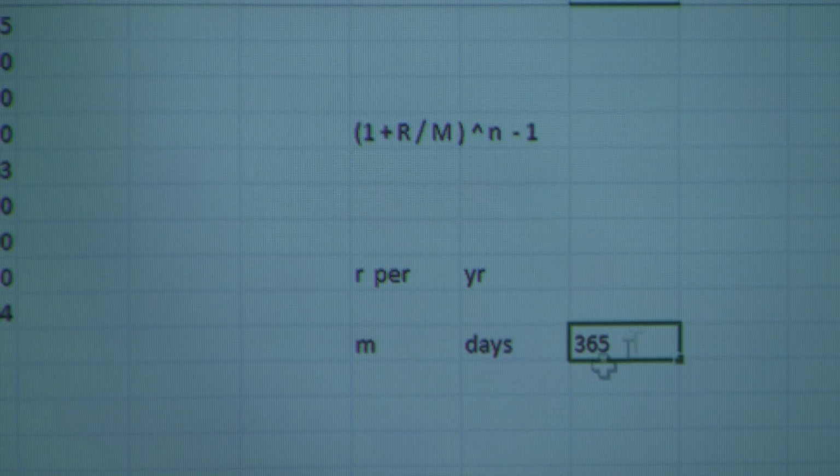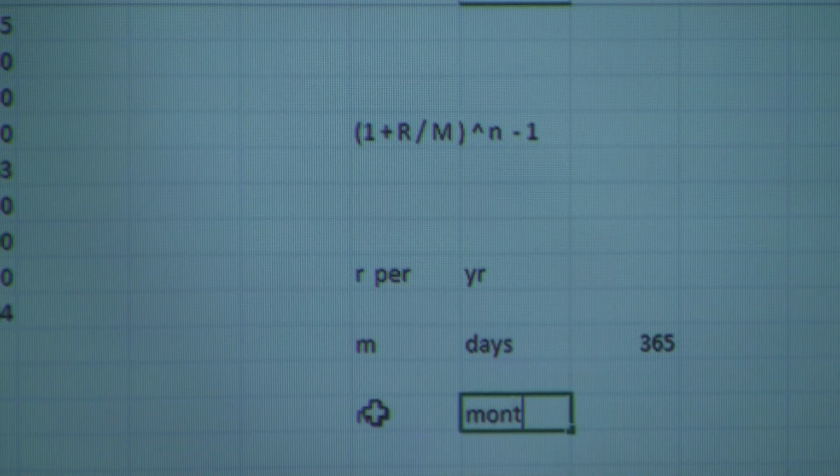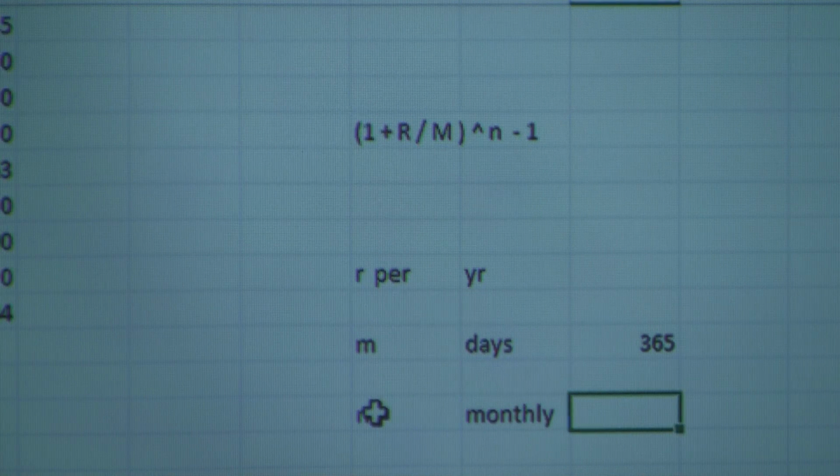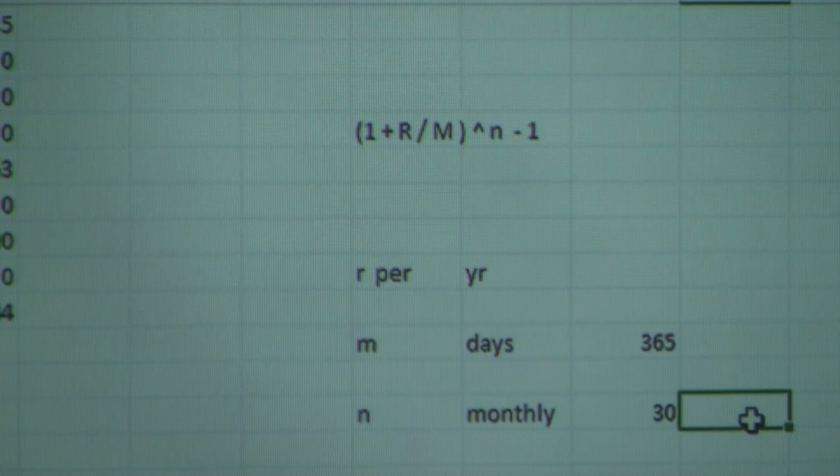There's 365 days in a year. Then I ask myself, what am I looking for? It was monthly. I got it down to a daily rate. How many days are there in a month? 30. Now I know my R, my M, and my N. And then I just plug those values into that formula.